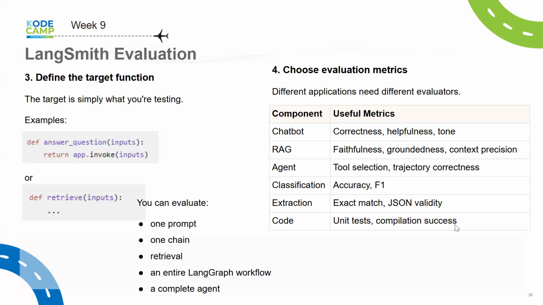So whenever it's extraction, you typically will look for an exact match. And you also look for validity because you may ask it, when you extract these facts, send it to me in a JSON format. And you have given it a very specific JSON structure to follow. So you will want to check the validity of that JSON and compare that it matches exactly.